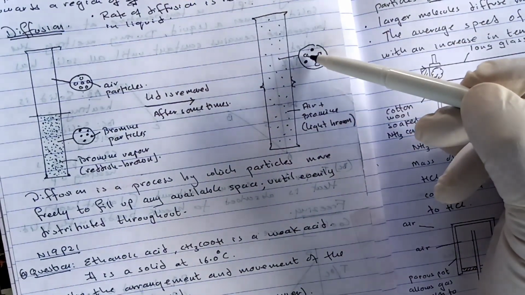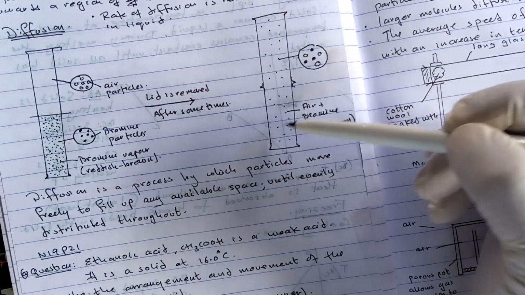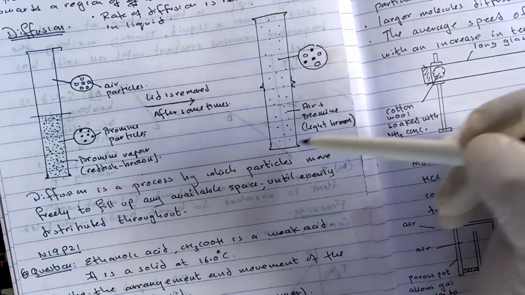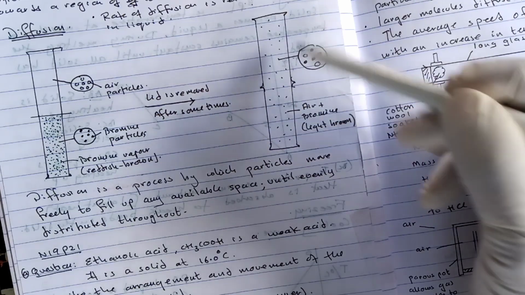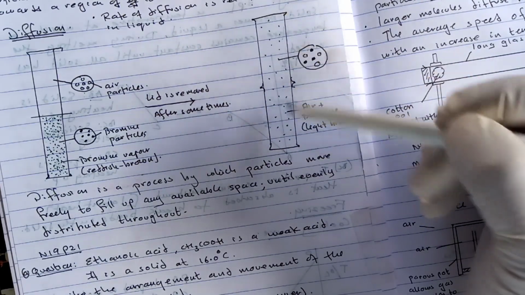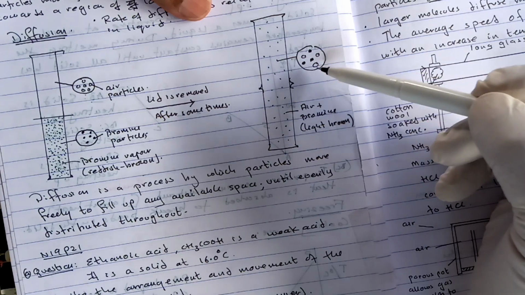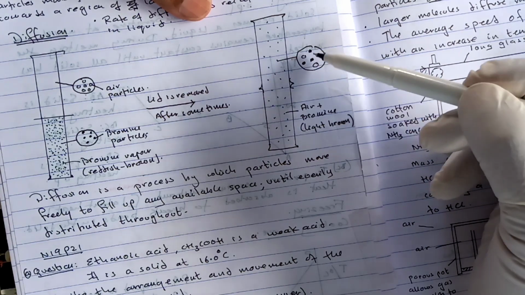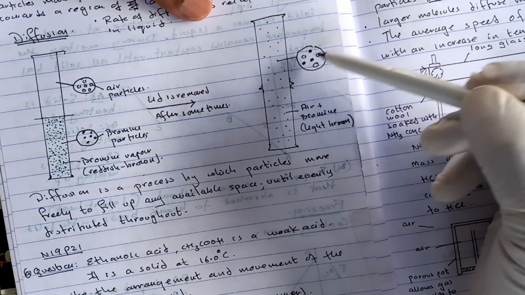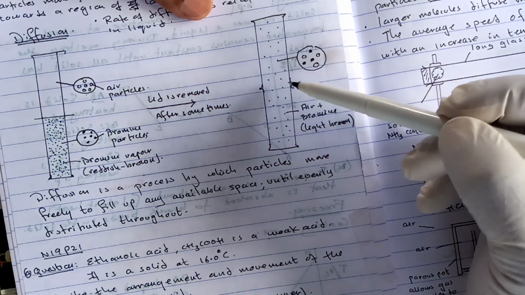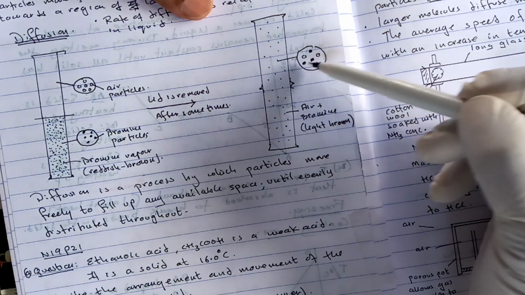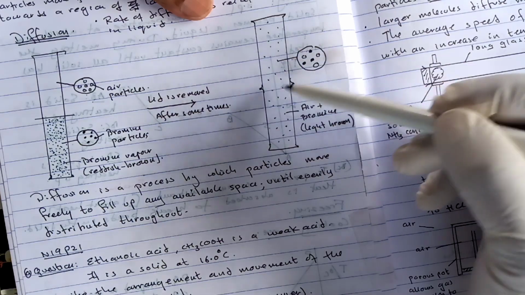Now, if you count anywhere in the space between the two gas jars, the number of white and black dots will be the same. As I told you, the black dot represents bromine and the white represents air.